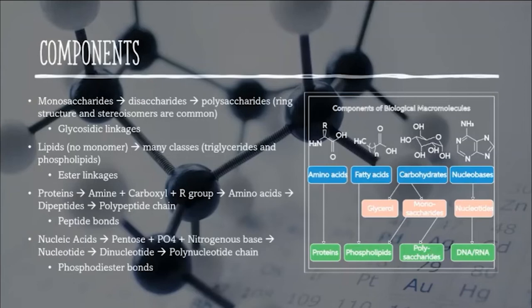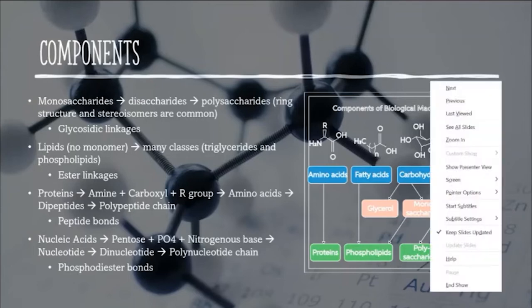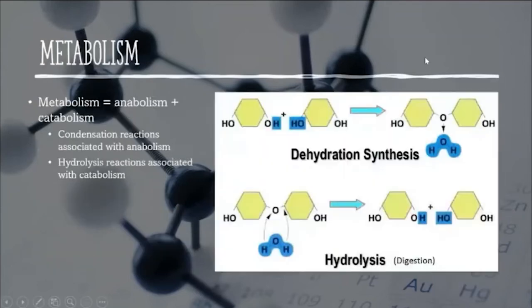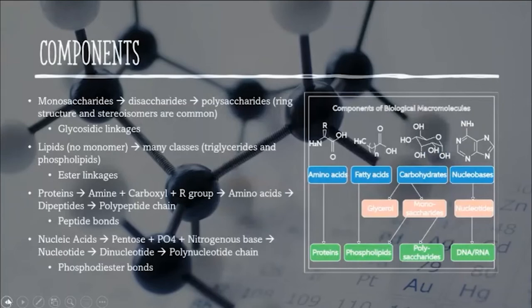Now, the polymers of these different molecules are going to be your glucose, starch, glycogen for your carbohydrates, and lipids will have lipids.